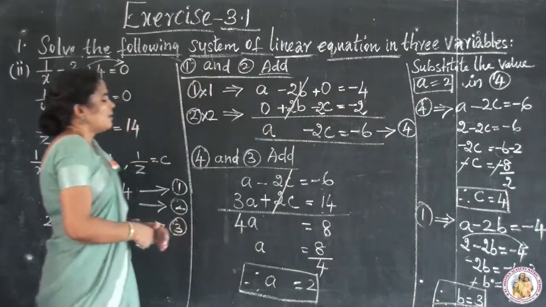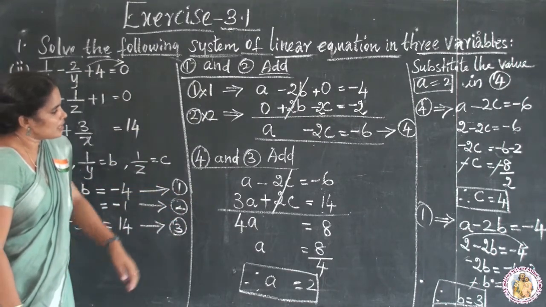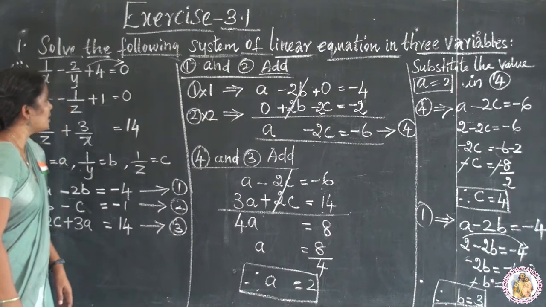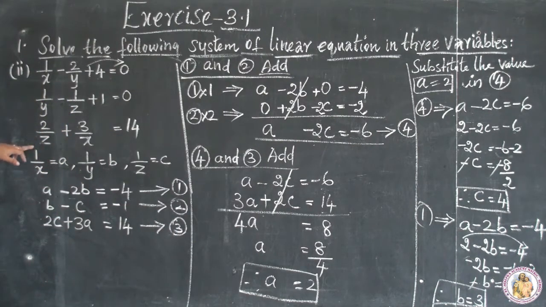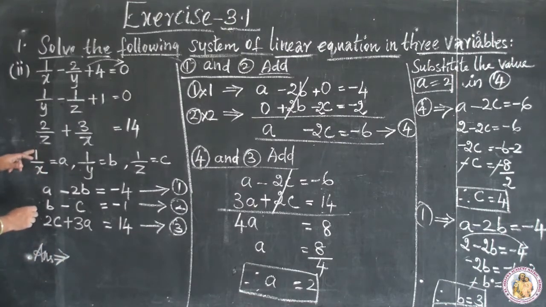At last, we have found the value of a is equal to 2, b is equal to 3 and c is equal to 4. But the question here is, we have to find 1 by x, since we have considered 1 by x is equal to a, 1 by y is equal to b and 1 by z is equal to c. So the answer will be 1 by x.